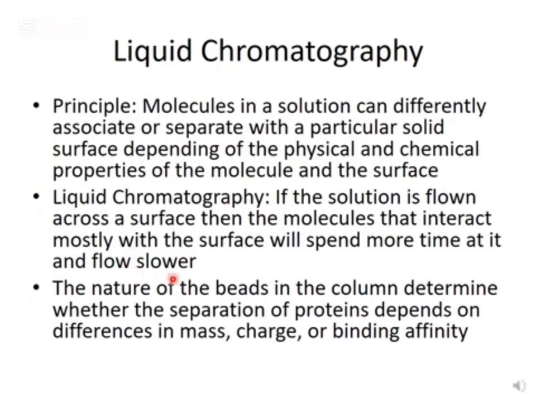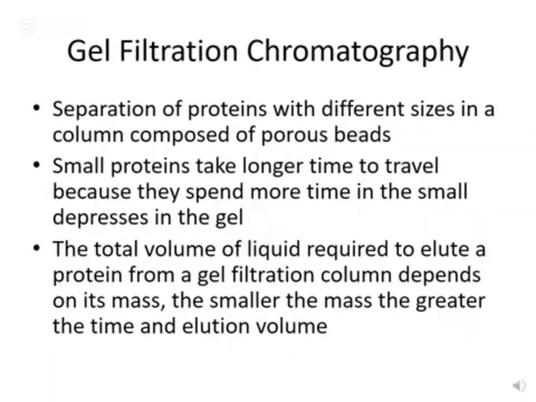The nature of the beads that make up the solid surface with which the components of the solution interact determines whether the separation of the protein is dependent on their mass, their charge, or their binding affinity. So here in this slide set, we're going to talk about three different types of chromatography. The first type is the simple gel filtration chromatography.